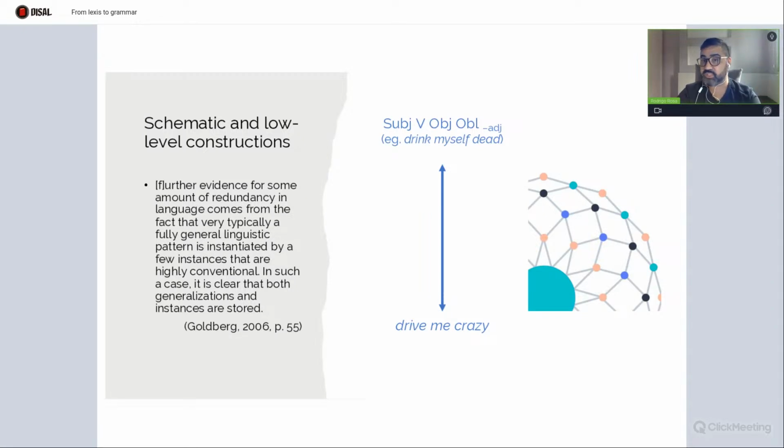If you have the knowledge of this scheme in your cognition, you're able to put this to use. In other words, you're able to generate new language out of the knowledge that you have of these formulaic structures.